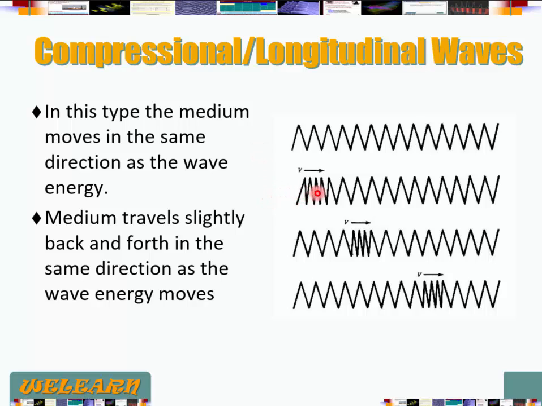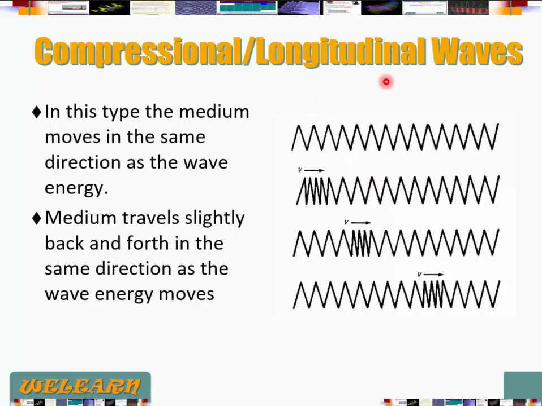We compress the coils of the spring. Now, when we compress the coils of the spring, we are going to store spring potential energy here. That spring potential energy is what actually is going to travel along the spring. That's really a representation of the wave or the wave energy.